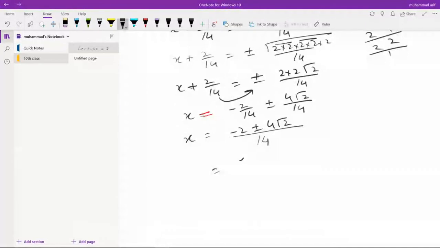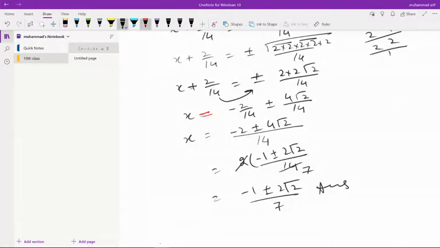And we can take 2 common from here: minus 1 plus minus 2 square root 2 by 14. We can simplify this by this, and we have left this, your final answer or solution set.